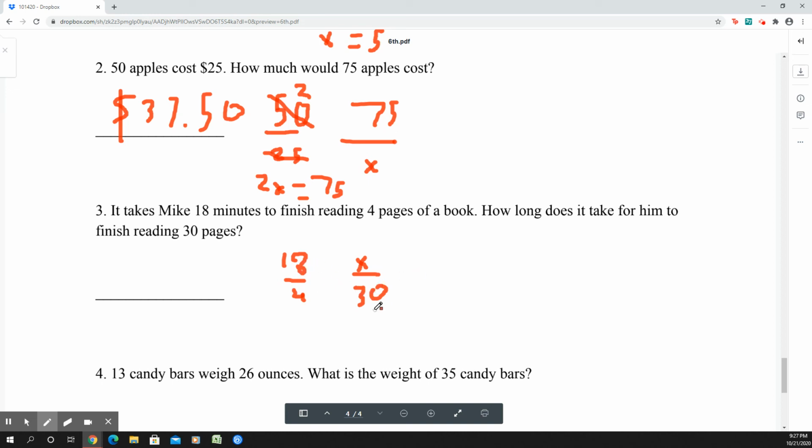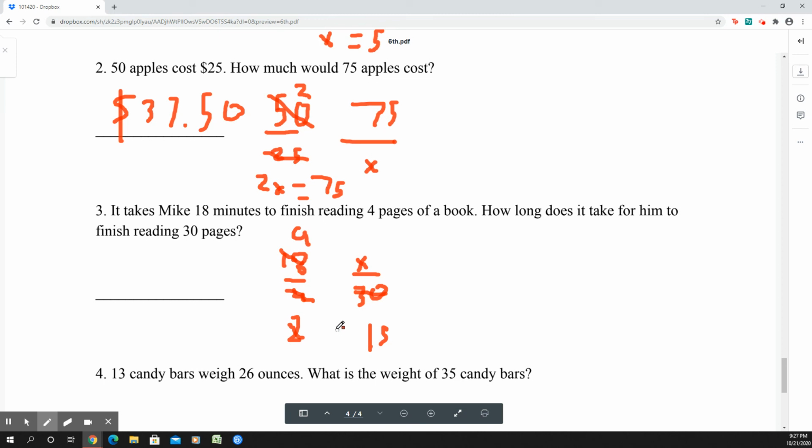So if I put X on the bottom, 30 over X, then this would have to switch to be 4 over 18. Up here, if I want X on the top and put X over 75, I would have to do 25 over 50. Okay, so then you're going to divide by 2, divide by 2, divide by 2, divide by 2, you get 15.